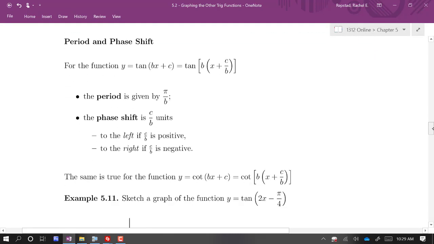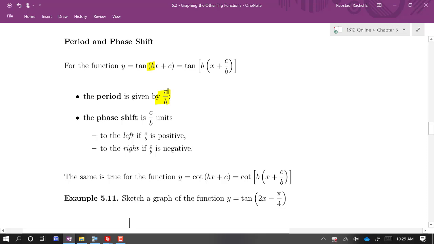We can change period and phase shift with tangent and cotangent, just like we did with sine and cosine, and we do the same thing, right? So the regular period of tangent is pi. And if I have a coefficient b in front of x, the period of that function is pi over b.